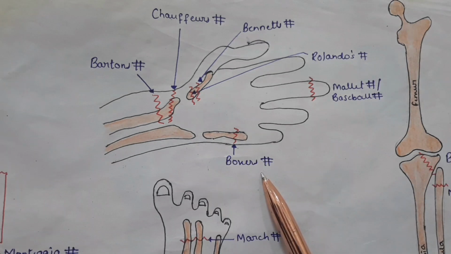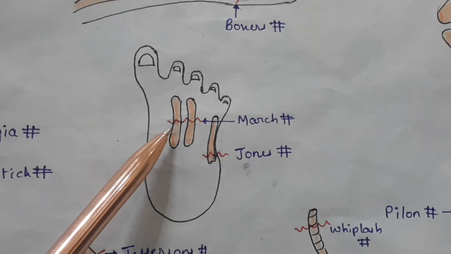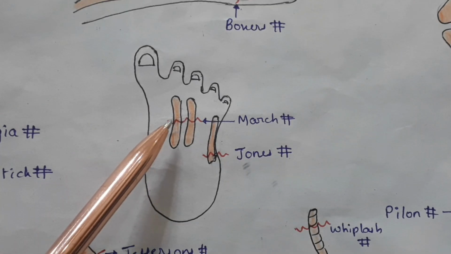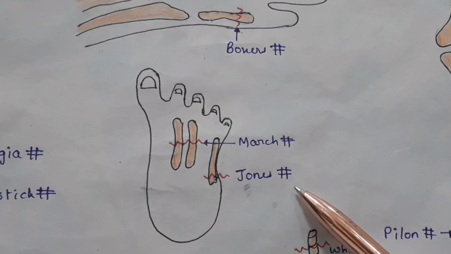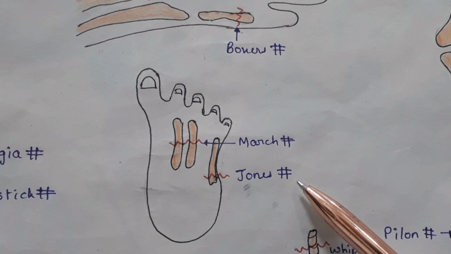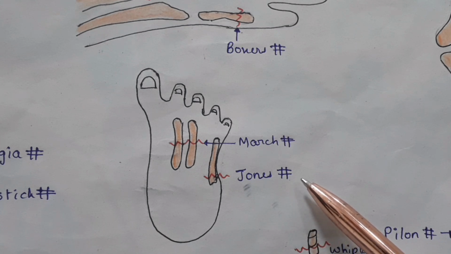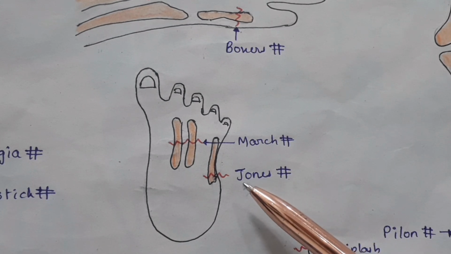Boxer's fracture is a ventrally displaced fracture which occurs through the neck of the fifth metacarpal bone, and it is usually seen in boxers. March fracture is a fatigue fracture of the shaft of the second or the third metatarsal bone. Jones fracture is an avulsion fracture of the base of the fifth metatarsal bone.